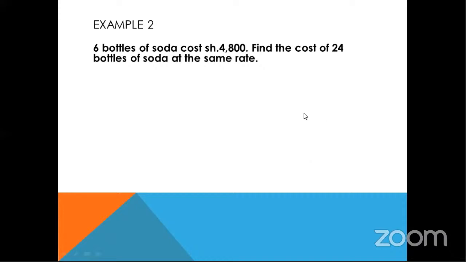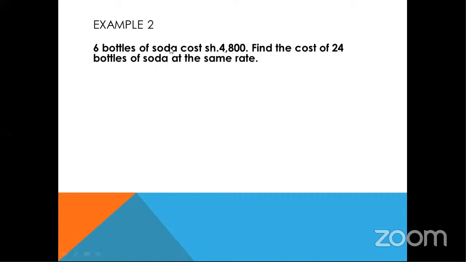6 bottles cost 4,800 shillings. Find the cost of 24 bottles of soda at the same rate. Okay.